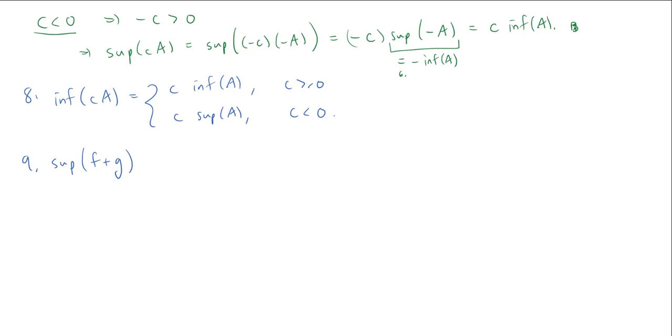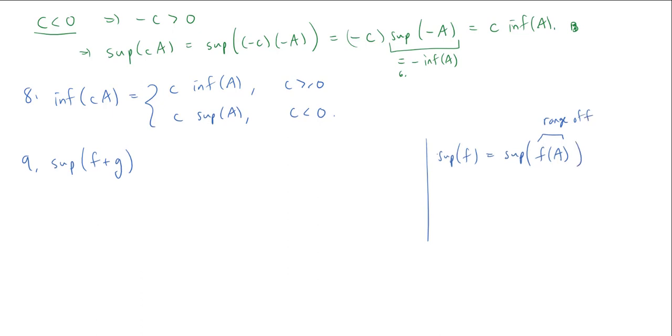So what I want to do is look at what I'm going to call the supremum of the sum of f and g. So what I mean by that is, well, first, let me tell you, if I have the supremum of a function, what I really mean by that is I apply f to the domain. That gives me the range, right? So this is the range of f.